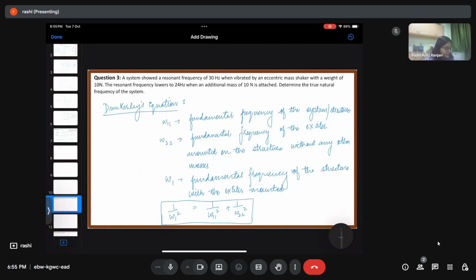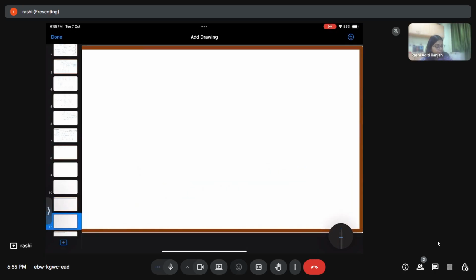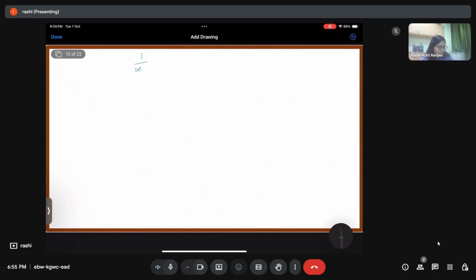For this kind of equation, we can further write it as 1 by omega 1 square is equal to 1 by omega 11 square plus A22 into M2, because omega can be written as under root of k by m, and 1 by k can be written as A22, which is the stiffness coefficient, if you remember. So using that, we can write it in terms of A22, something like this.